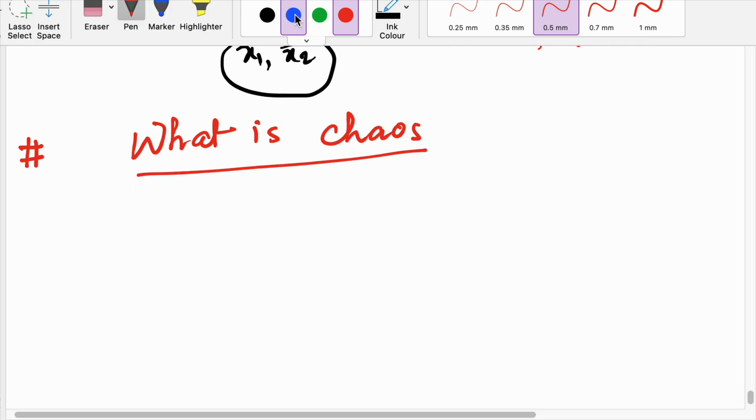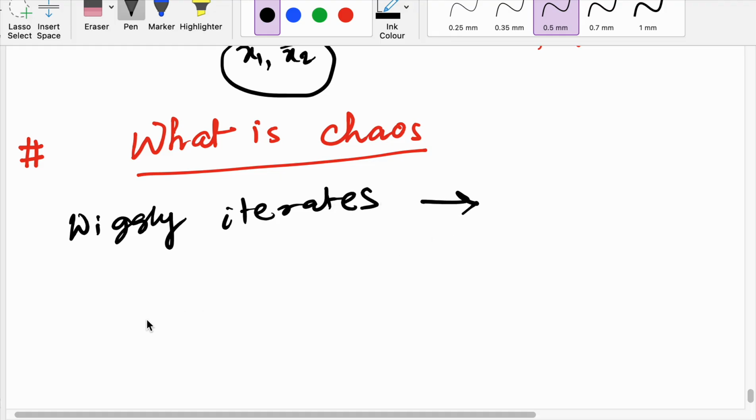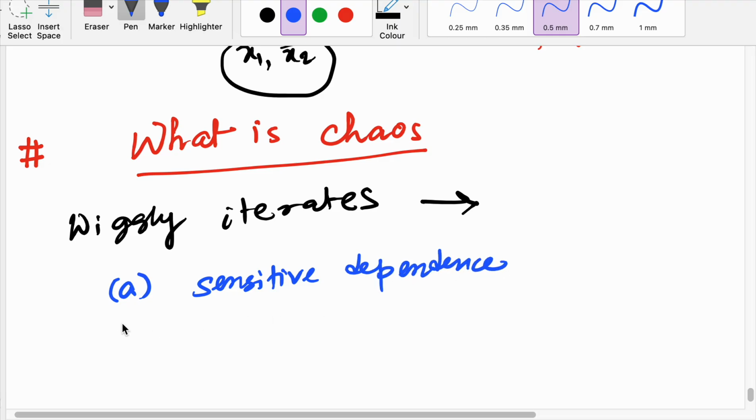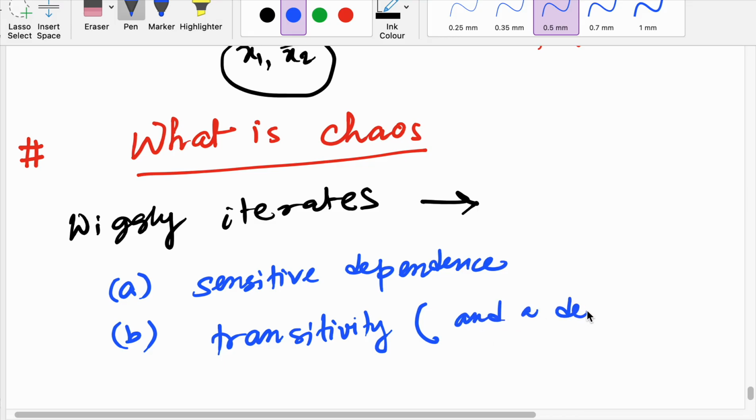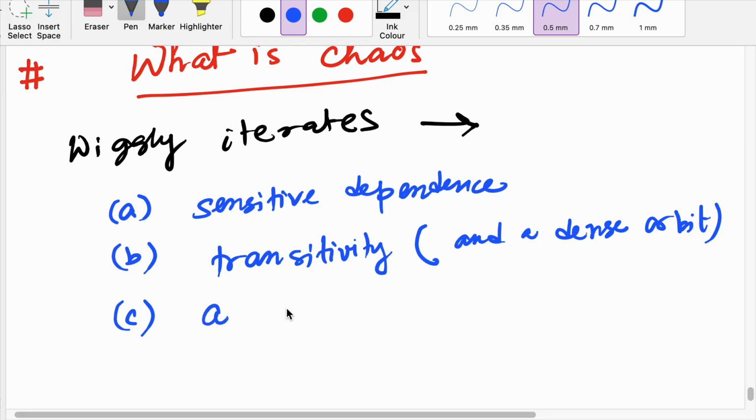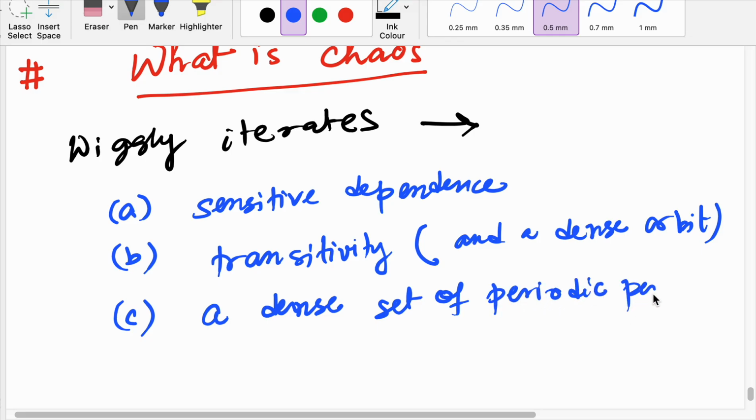What we have proved is that wiggly iterates have these properties: A, sensitive dependence; B, transitivity, which actually means a dense orbit; and C, a dense set of periodic points. These are the three things that wiggly iterates have.